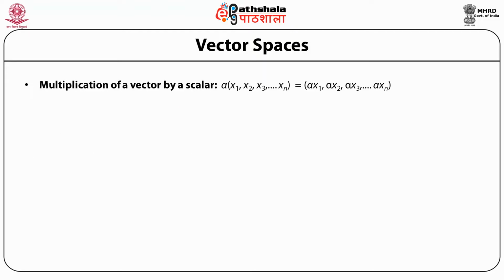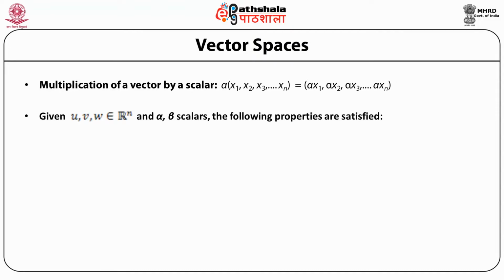Second, multiplication of a vector by a scalar, that is, alpha times the vector x1, x2, x3 and so on till xn is equal to another vector which has the elements alpha x1, alpha x2, alpha x3 and so on till alpha xn.